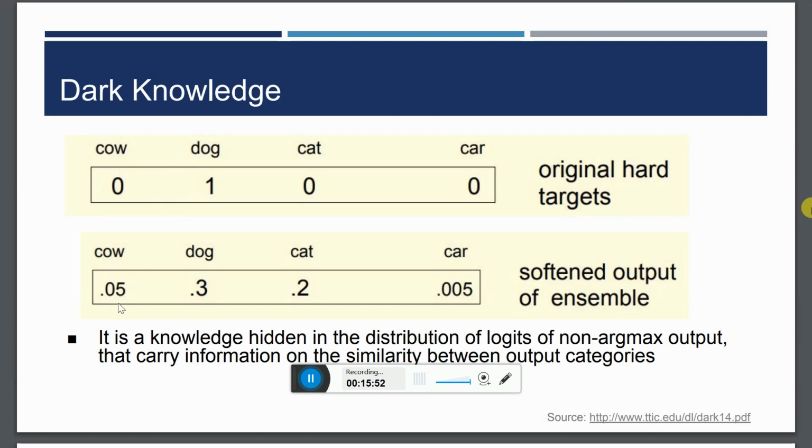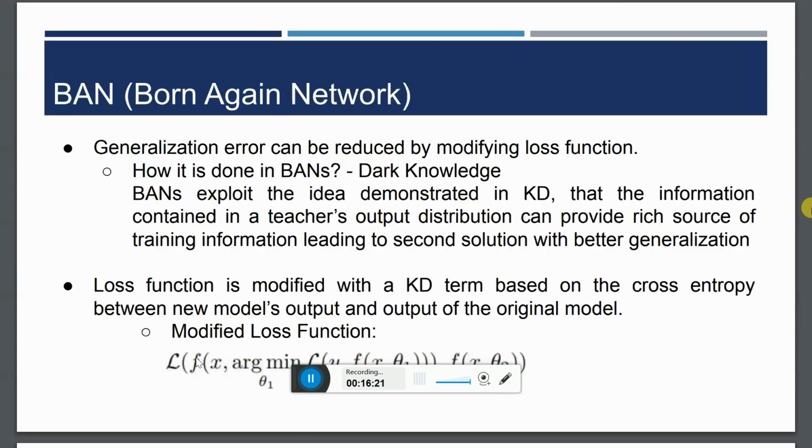For example, we can say that this image is less likely to be classified as cow, but there is an even lesser chance that it will be classified as car. So dark knowledge can be defined as the knowledge hidden in the distribution of logits of the wrong outputs, which carries information on the similarity between output categories. And BAN used this dark knowledge to improve the performance.